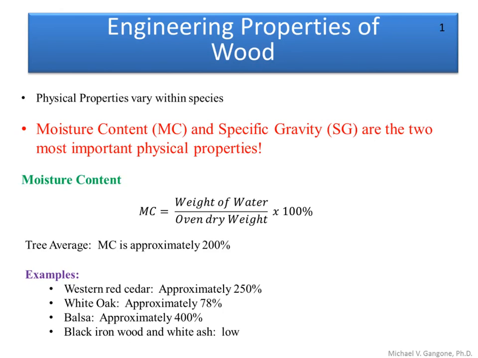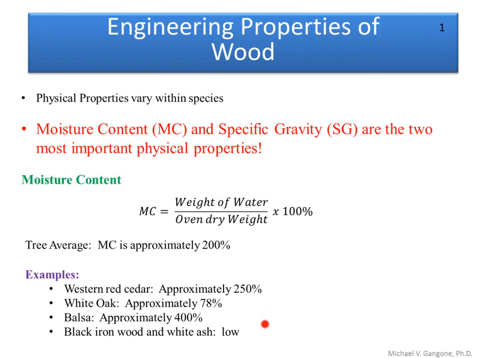Based on this, there's twice the amount of water as opposed to solid mass in there. And again, that's just an average number. It varies based on tree types or species.